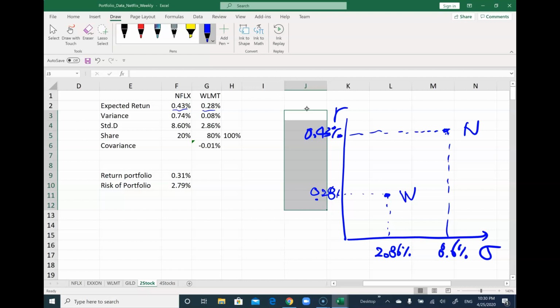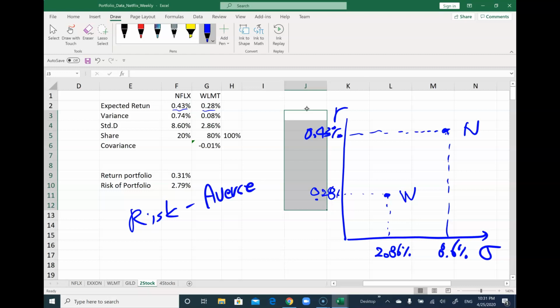Okay, so what we want to show in a chart is how much the portfolio made out of these two assets can actually reduce the risk and at the same time improve the rate of return. Because we assume that all the investors are risk averse, right?